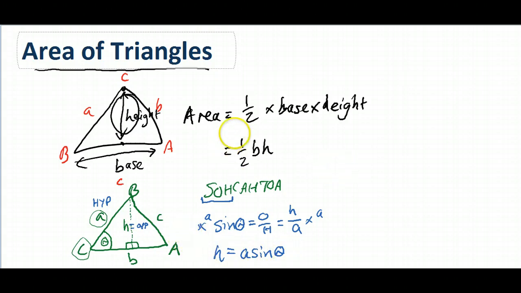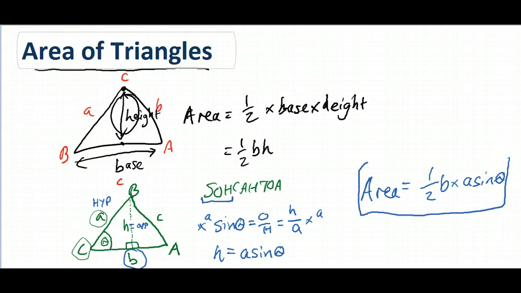And so if we put that into this equation now, we've got a different version of H here. The area of this green triangle down here is going to be half times the base, which is B. I made side B the base, times, instead of H, we're going to write A sine theta.